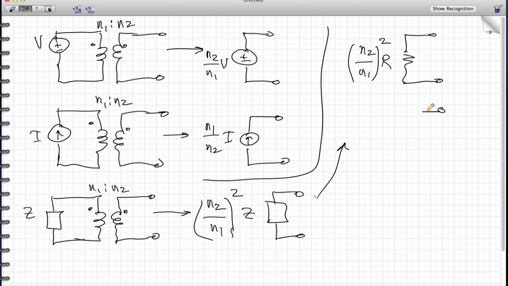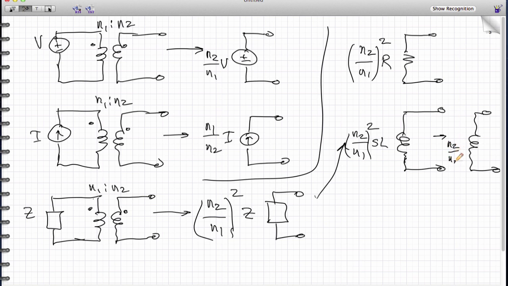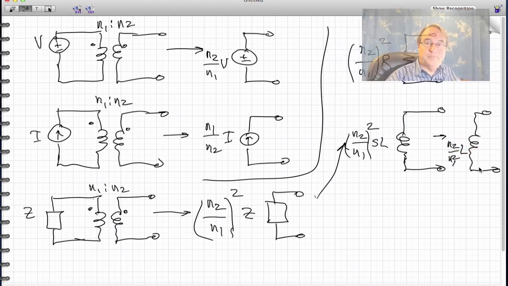Likewise, if we have an inductor whose impedance is sL, then we would multiply that impedance by the same turns ratio squared, which is as if the inductance was multiplied by N2 over N1 squared. So sometimes we'll just simplify this to say there's an effective inductor of value N2 over N1 squared L.